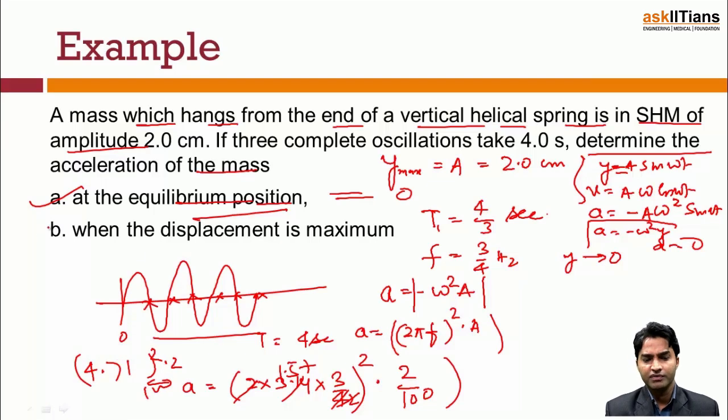On solving this equation, we get 1.57, then 4.71 whole squared multiplied by 0.02, about 0.2 meter per second square.